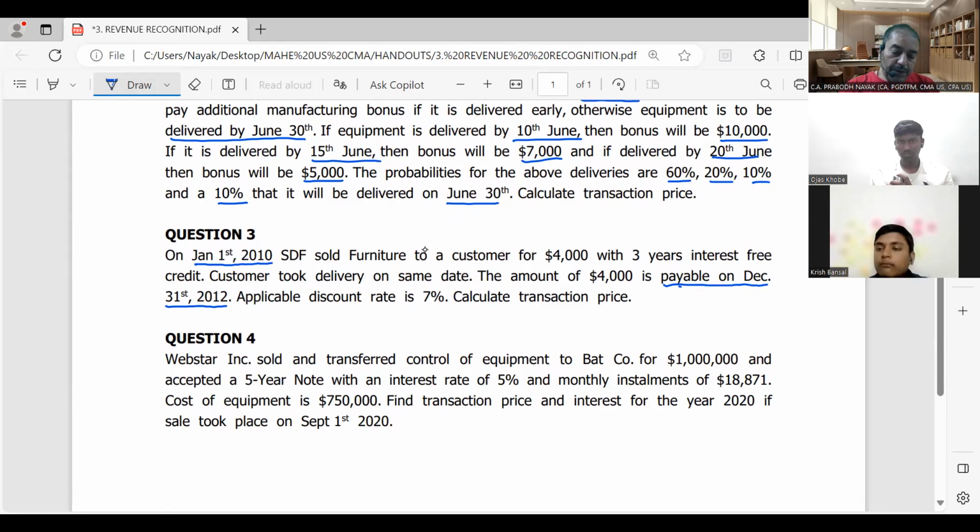Applicable discount rate is 7%. Calculate the transaction price and the interest included in each year.